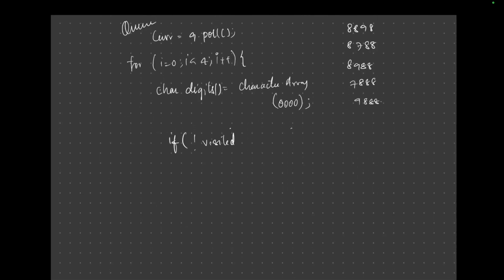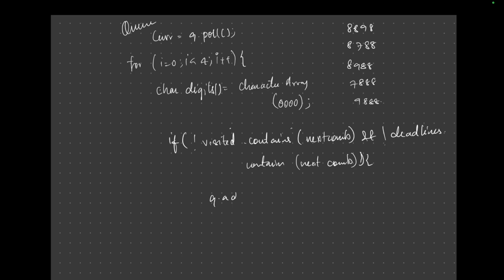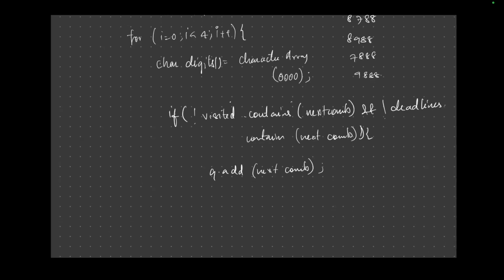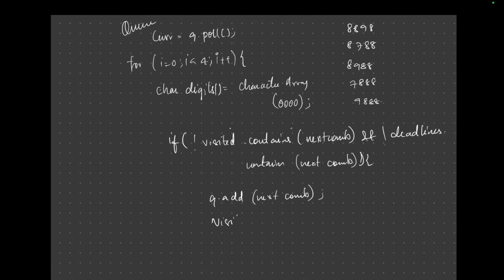If your visited set does not contain your next combination and your deadend set also does not contain your next combination, what will you do? You will simply add it to the queue, and then you will also add it to your visited, because we already visited it, right? Your next combination.